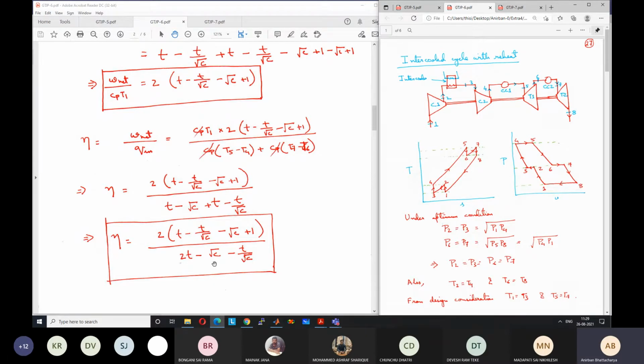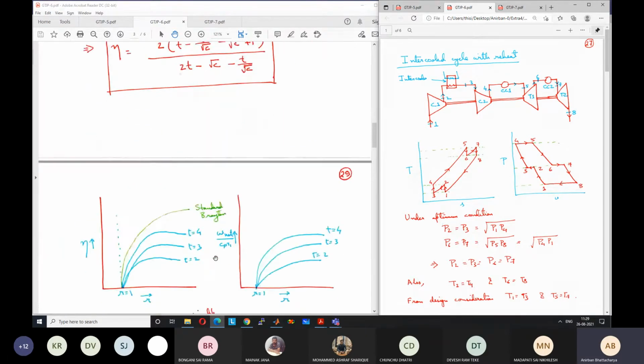We can plot this with respect to T and R to see how the efficiency varies.